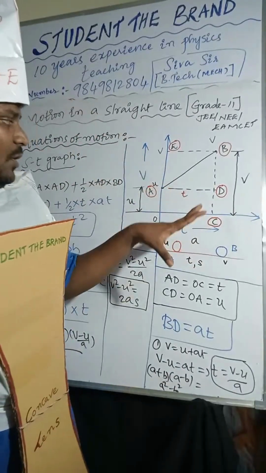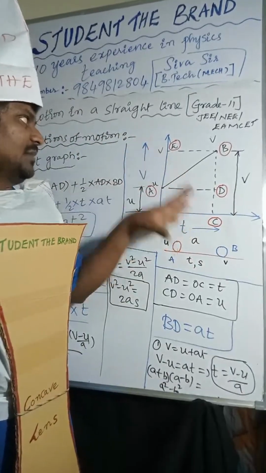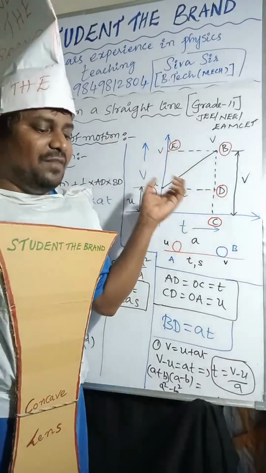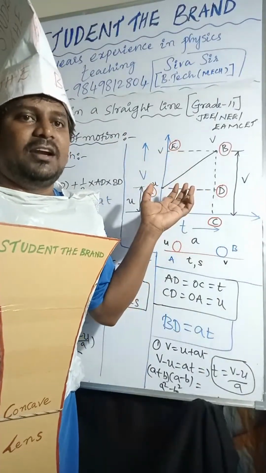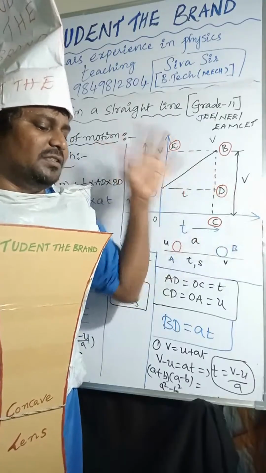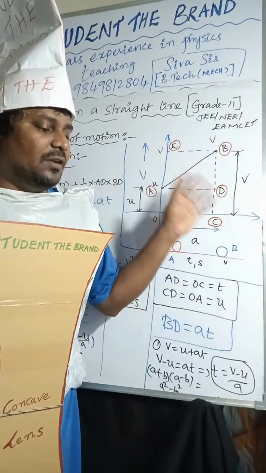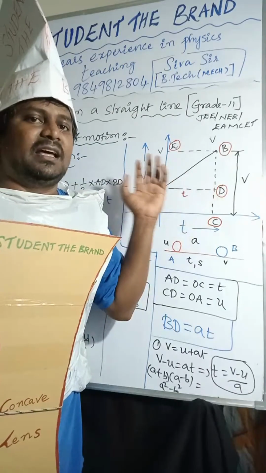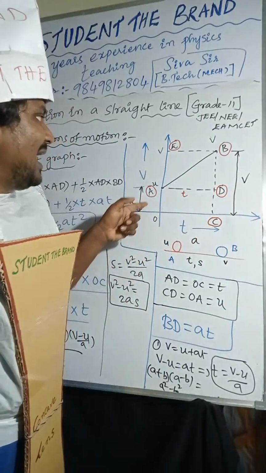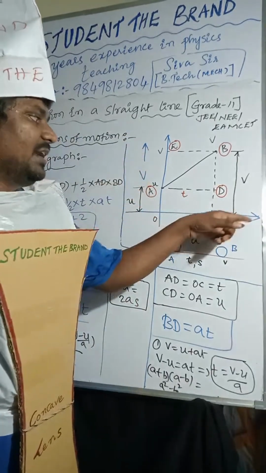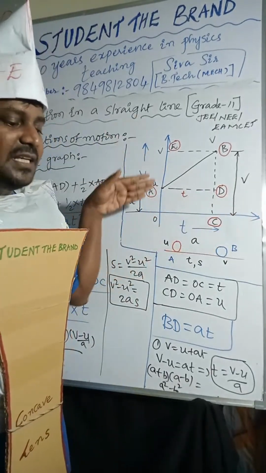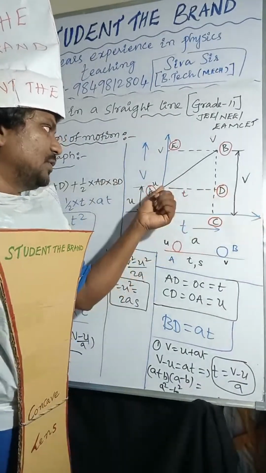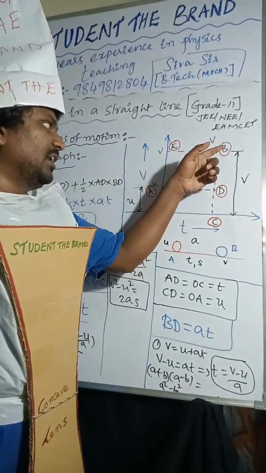The same scenario we are drawing in the format of the graphical method, with velocity on the y-axis and time on the x-axis. At point A is the initial velocity, at point B the final velocity.